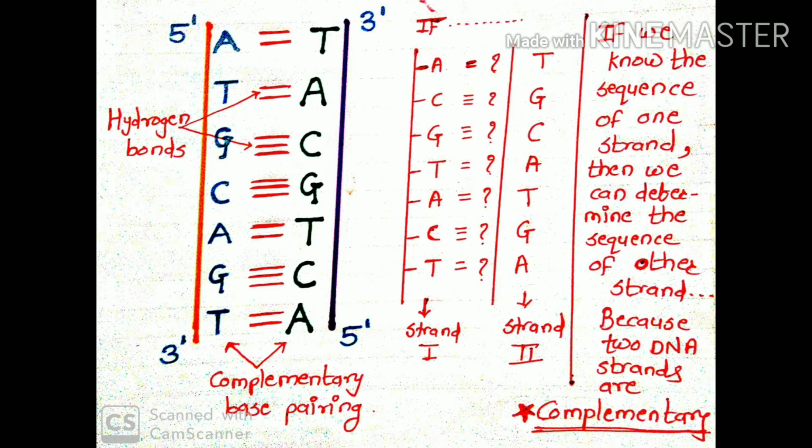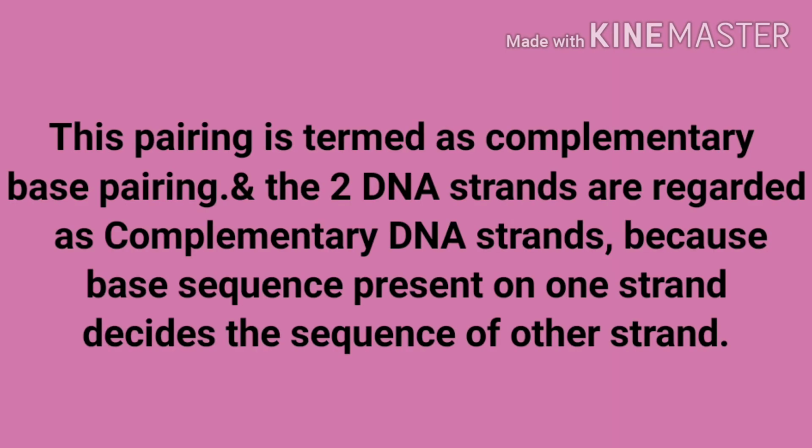If you have the sequence of strand 1, then due to complementarity of the bases, you can determine the sequence of strand 2. Just observe the figure carefully and you will understand the concept. As the base sequence present on one strand of the DNA decides the base sequence of the other strand, the strands are regarded as the complementary strands.